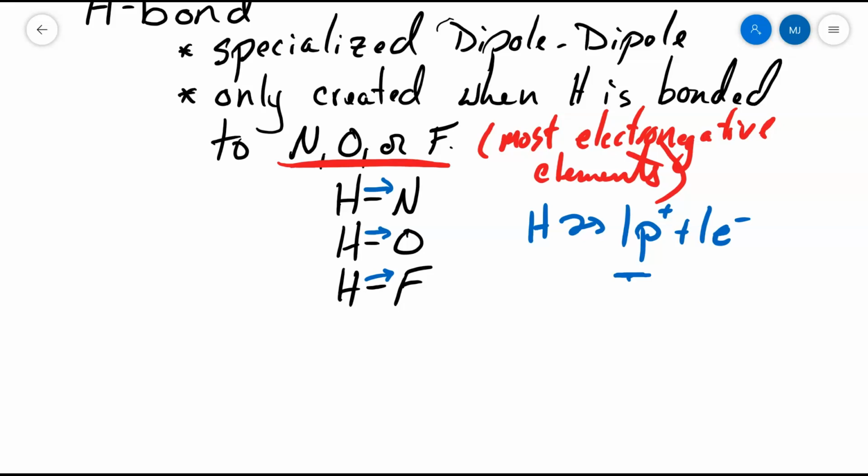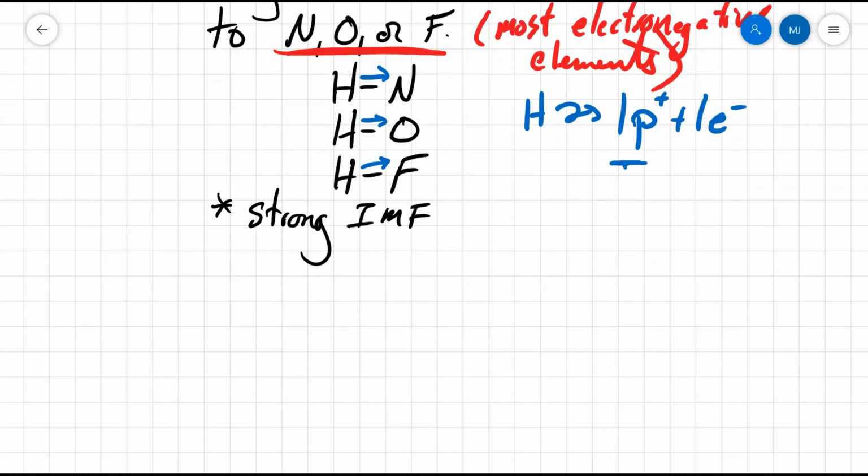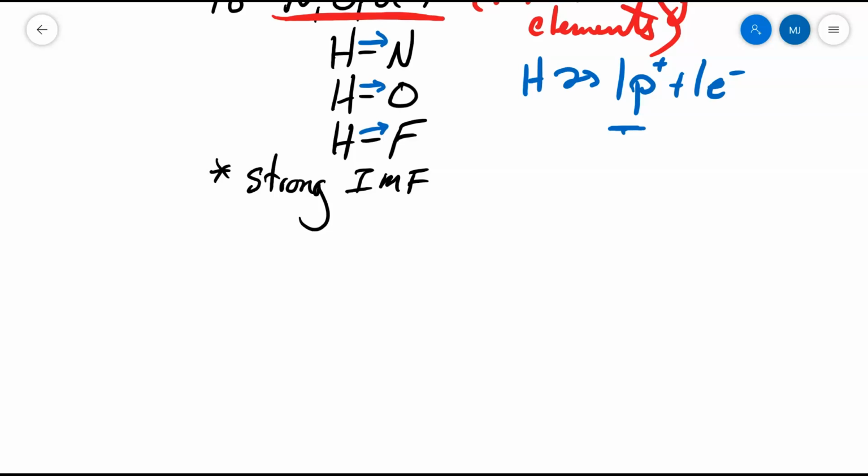And that's what happens. And so you have a very strong IMF created. So if we think about water, water, as we know, is the tetrahedral electron geometry, bent molecular geometry.